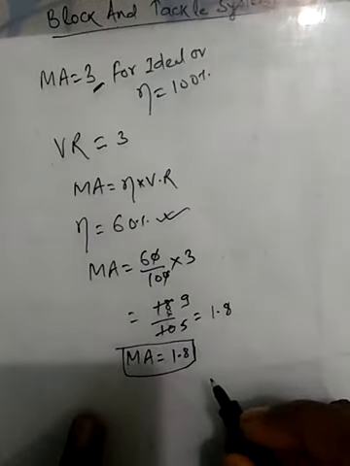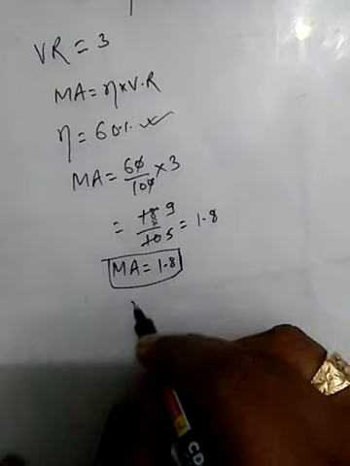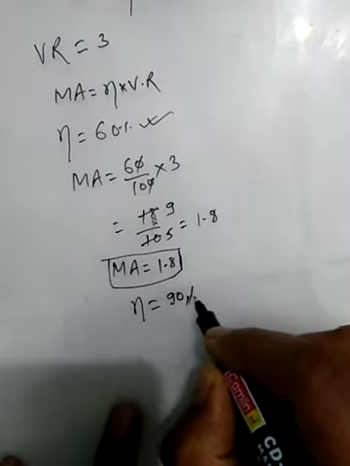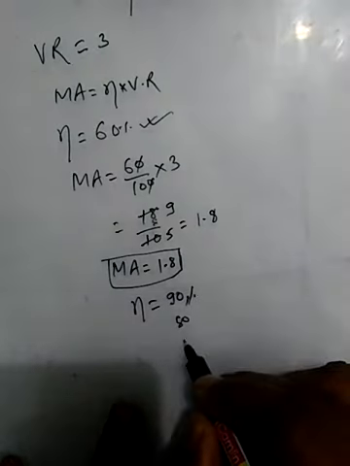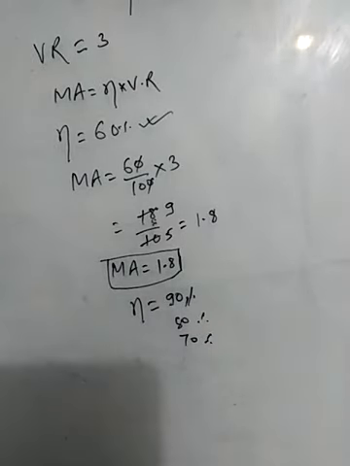Therefore in different cases we have to find out the mechanical advantage for this system if efficiency will be equal to 90% or 80% or 70%, like that. We can easily calculate the mechanical advantage for different situations. For block and tackle system, different combinations of pulleys are possible.